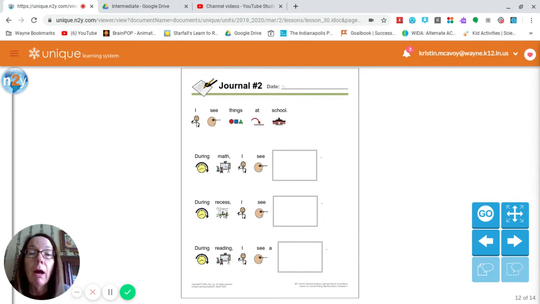Okay, so up here at the top, it says date. And I already talked to you about today's date is April 14th. And if you remember from calendar time this morning, that's the date. And the digital date was 4/14/2020. So you can put that in there.